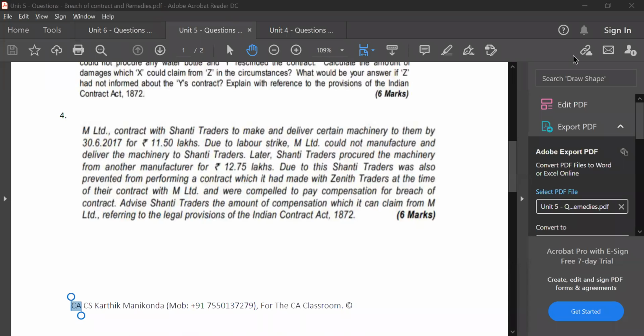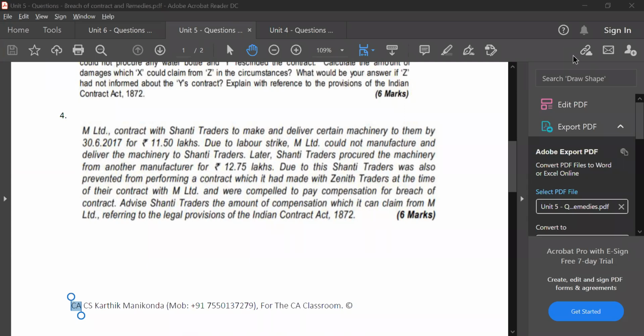M Limited contract with Shanti Traders to make and deliver certain machineries to them by 30 June 2017 for 11.5 lakhs. Due to labor strike, M Limited could not manufacture and deliver the machinery to Shanti Traders. Later, Shanti Traders procured the machinery from another manufacturer for 12.75 lakhs.